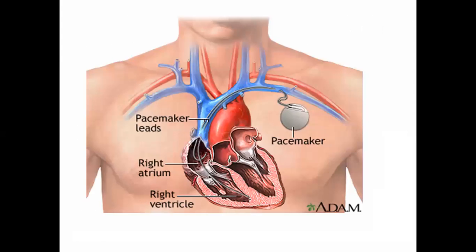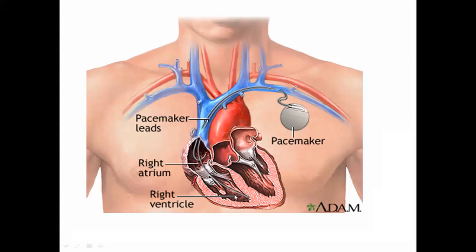Okay. So in this diagram, you'll see the pacemaker. This is the pacemaker, and from this pacemaker we will provide leads, and these leads are sent to the right atrium and right ventricle.